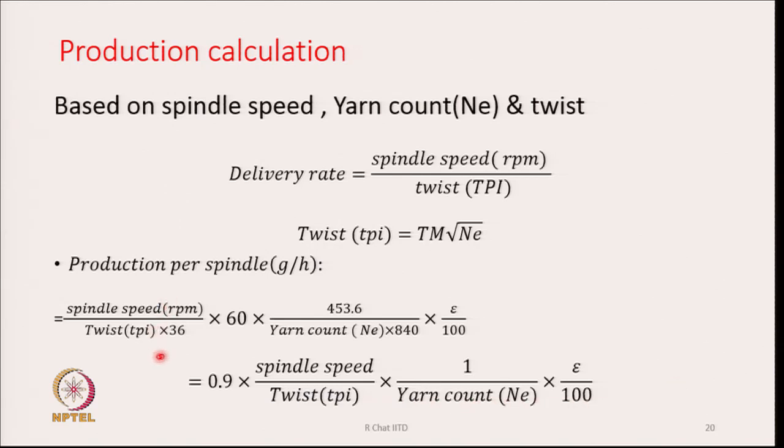Spindle speed by twist, that means this ratio, will give me the delivery in terms of inches. We have to convert it into yard, therefore, divide it by 36, and this is per hour. We have to find out the weight in terms of gram, and from the definition of yarn count, if we know the yarn count, we can find it out. This ratio will give me the weight of the yarn that we delivered in 1 hour, and that multiplied by the efficiency will give me the production.